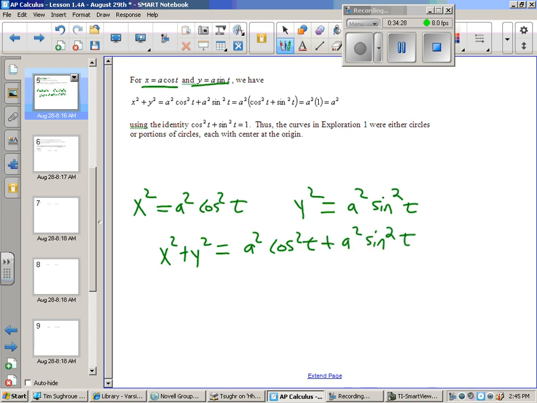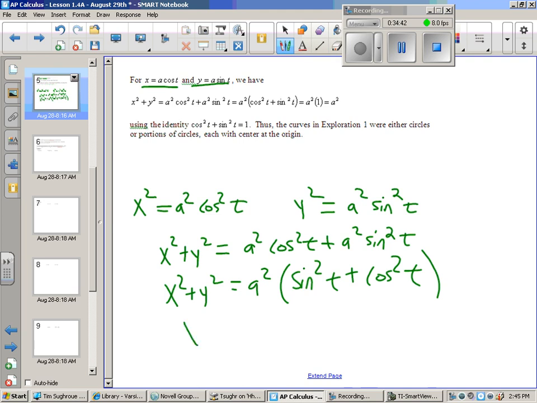And we can factor out an a squared out of both of those terms. When we do that, we get sine squared t plus cosine squared t, and sine squared t plus cosine squared t is 1.